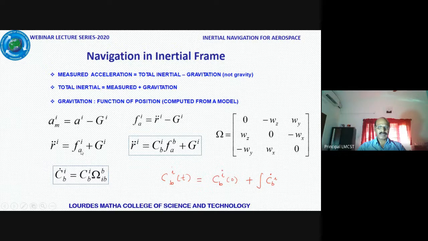A stands for accelerometer, I for in inertial frame, F for the specific force, so the measured. I told already the specific force is nothing but measurable inertial acceleration plus the gravitation vector, which is computed from a model. Add them up, you get the total inertial acceleration.